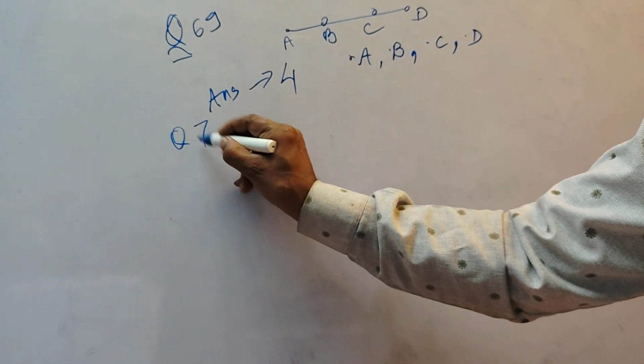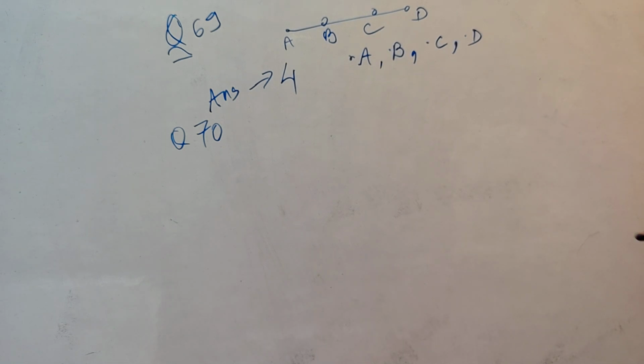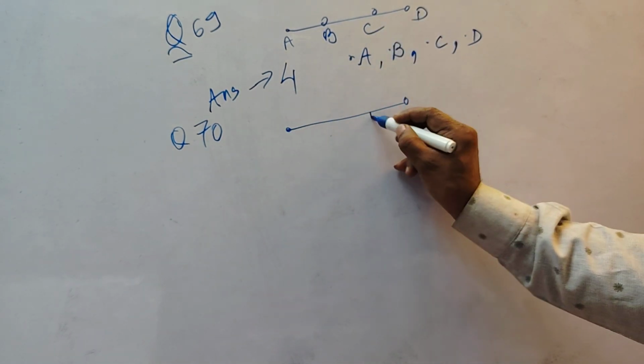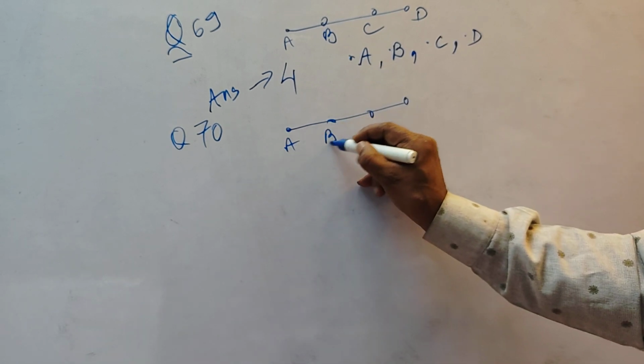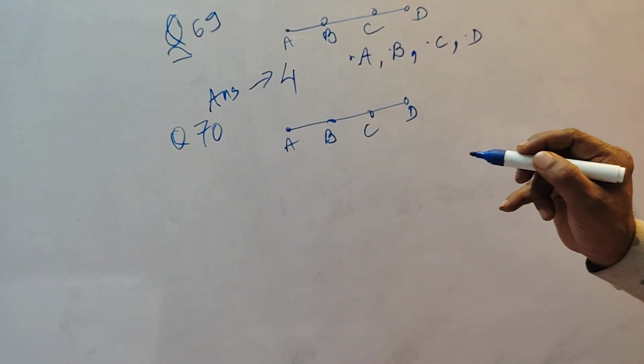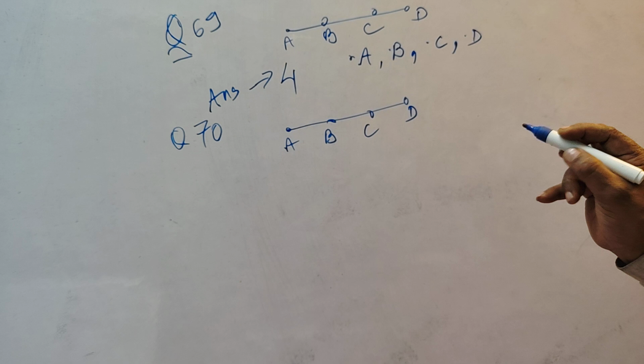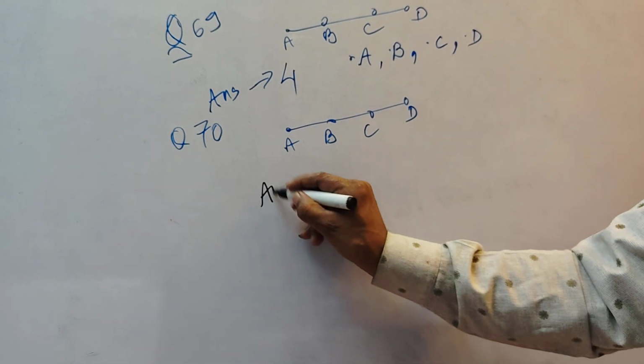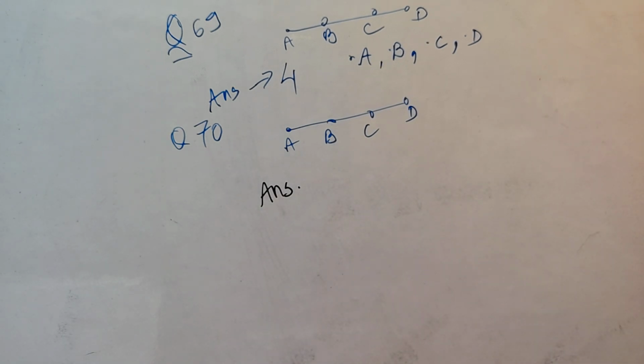In question number 70, in figure 2.45, there are 4 points A, B, C, D. How many line segments are there? Name them. We have to find out how many line segments.